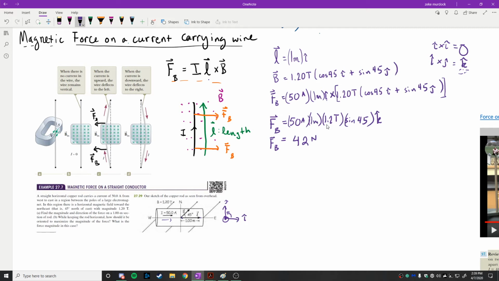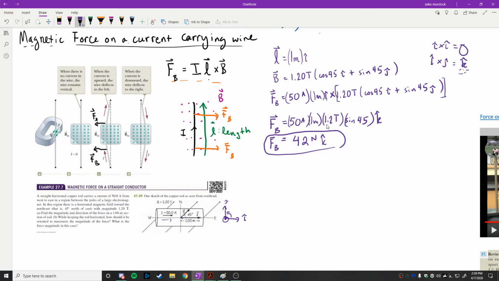Did I do the math wrong? Cool, we'll just call it 42 K hat. I was just doing that in my head. There we go, 42 newtons. Pretty straightforward plug and chug vector problem.